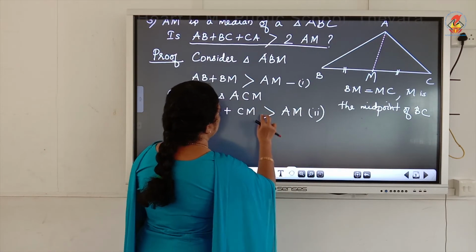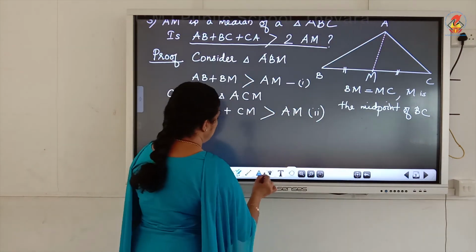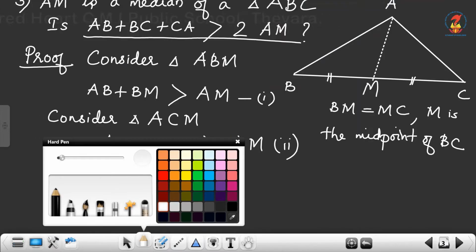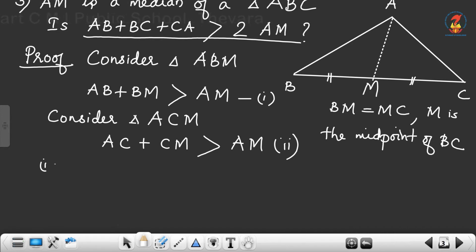Now we have to sum inequality number 1 and 2. Sum 1 and 2. So 1 plus 2 means you have to add the left hand side and you have to add the right hand side of the inequality.